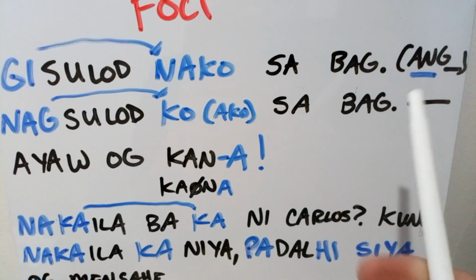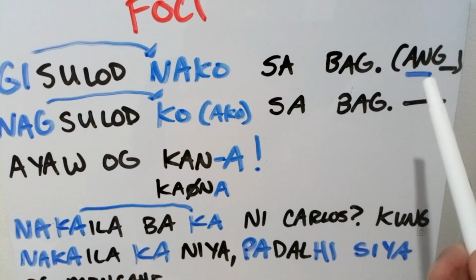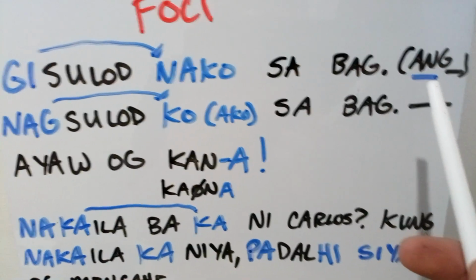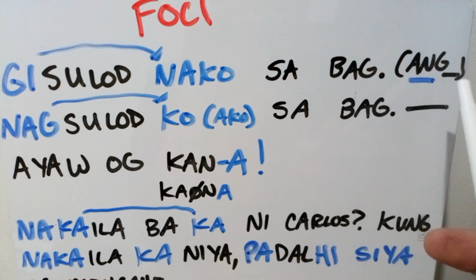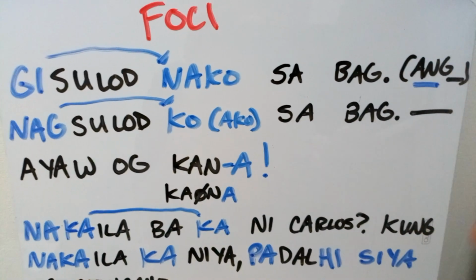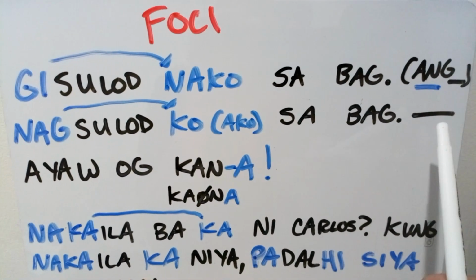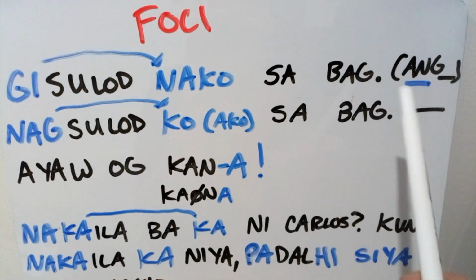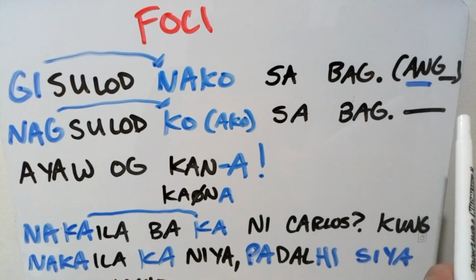And note that it doesn't need to be ang itself, as long as it's with the ang family of markers. So if we don't know what the object was, we can substitute ang lapis or ang whatever noun or object with anything of the ang family of markers, right? If I want to put somebody in the bag, gisulod na ko sa bag siya.